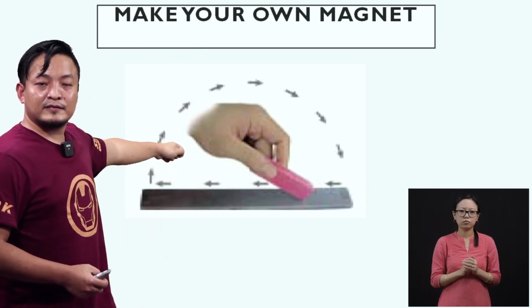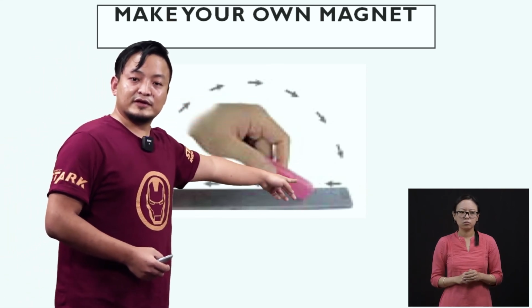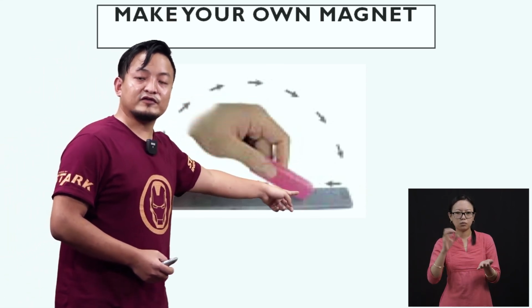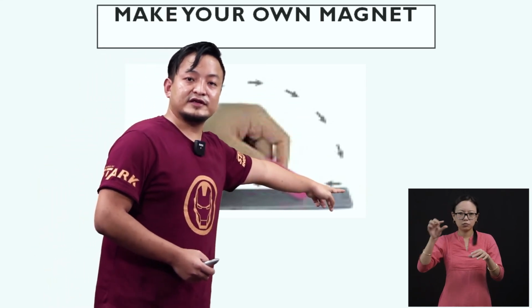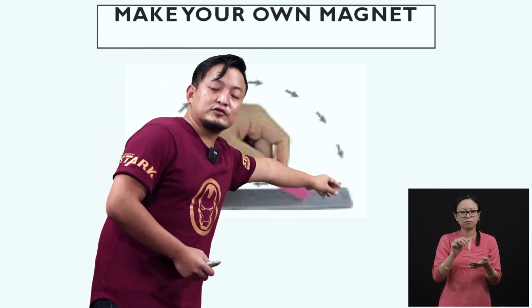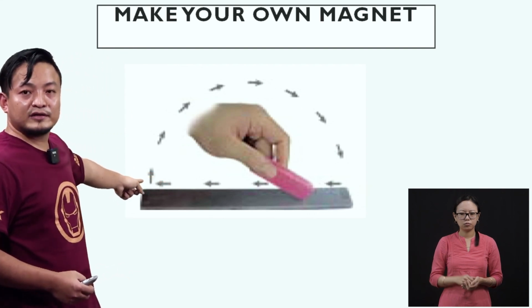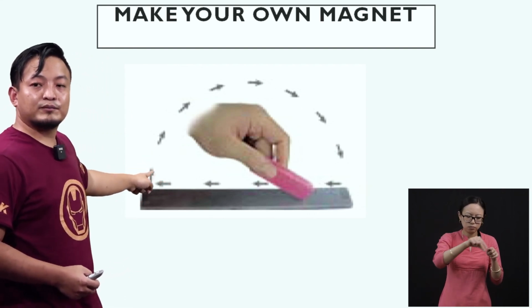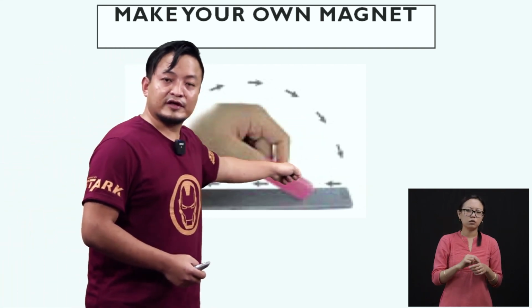So, one end of the bar magnet, you have to touch to one end of the rectangular iron bar, and then, without lifting the magnet, you come till the end point. After you reach the end point, you can lift and then start all over again.